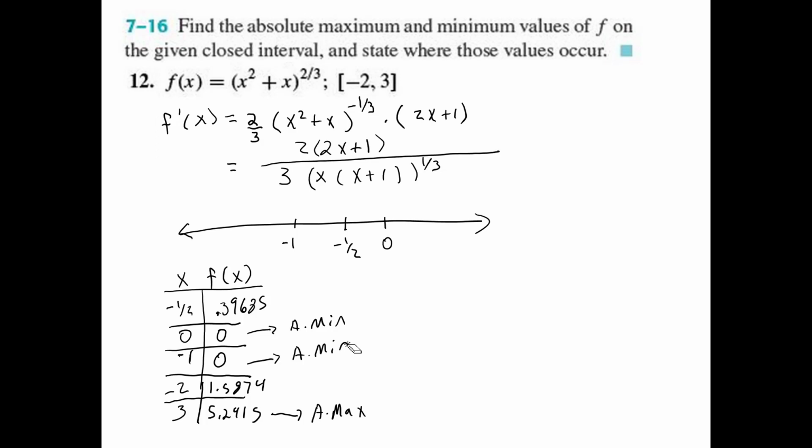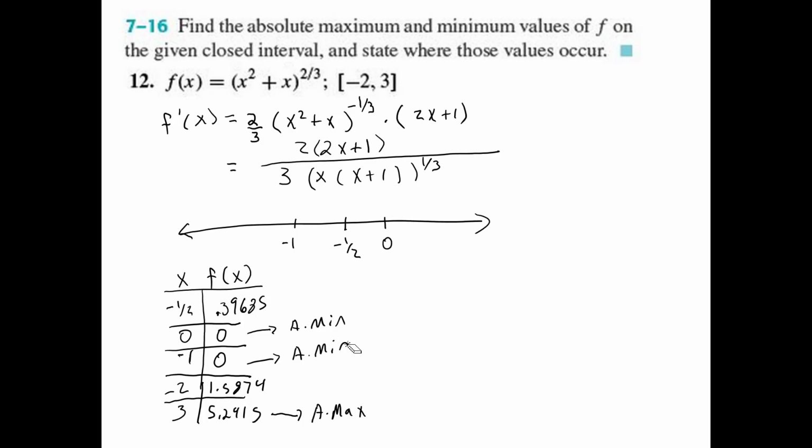So we can go to our window, set our window to x values between negative 2 and 3, and an x scale of 1, and y values between 0 and 6. When we look at the graph, we see that at negative 1/2, we did have a relative extrema.